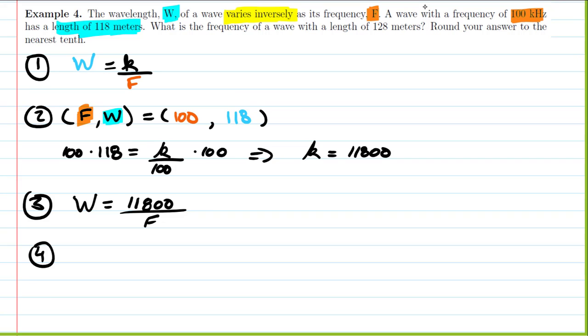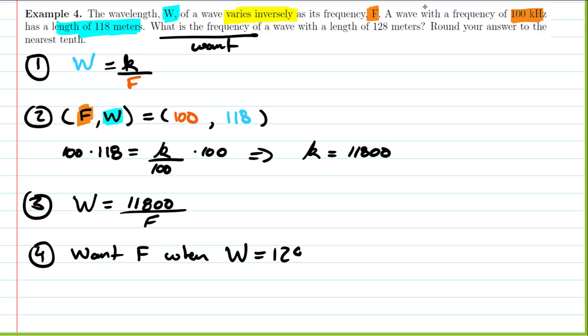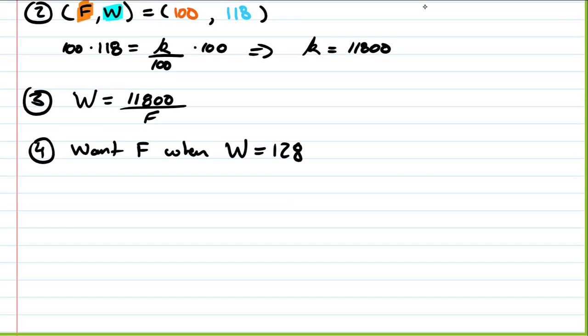So we want to know, well, what is the frequency, so this is what we want, when the length is 128 meters. So we want F when W equals 128. So we put 128 in for W.